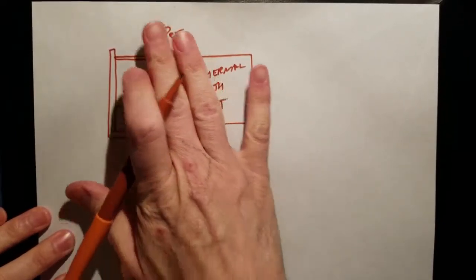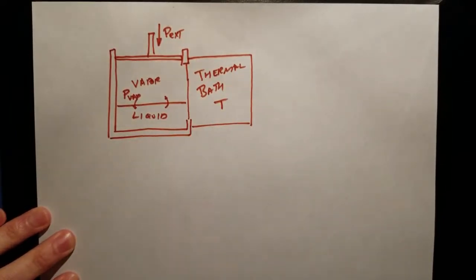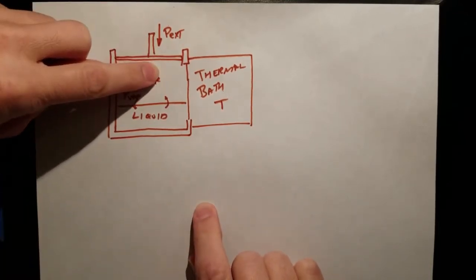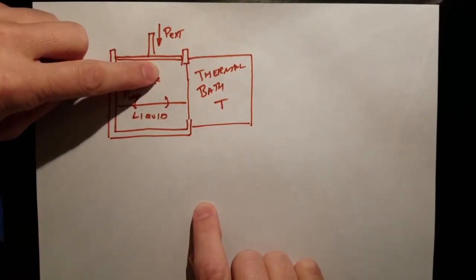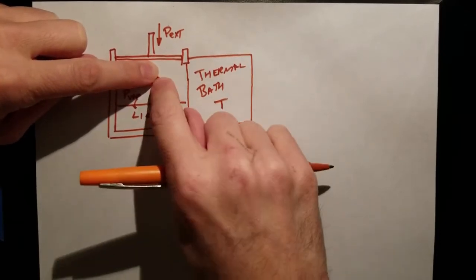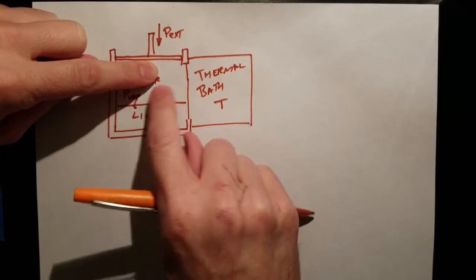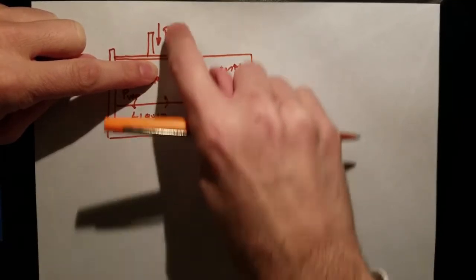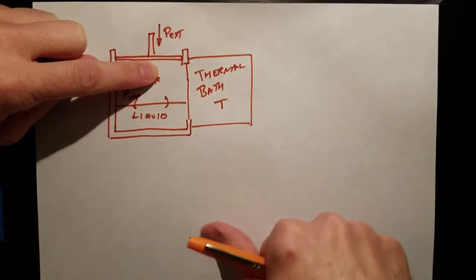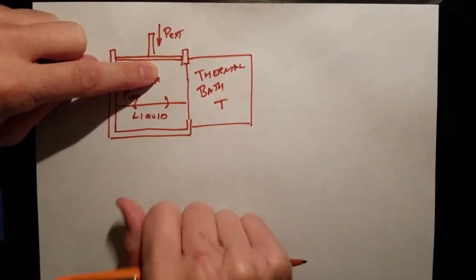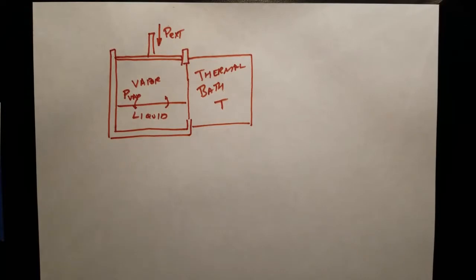And within this picture, you can imagine then that if we depress this plunger, we change the pressure, we have condensation of vapor into liquid to reduce the pressure until the vapor pressure and the external pressure are equal. And for that to happen, there has to be also some thermal exchange with the heat bath.